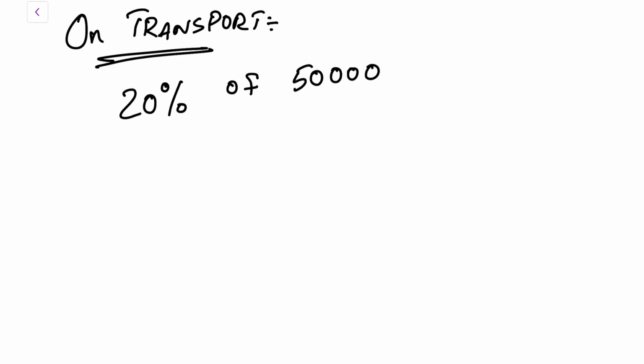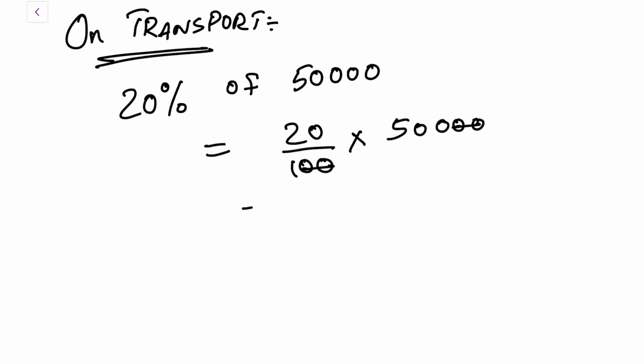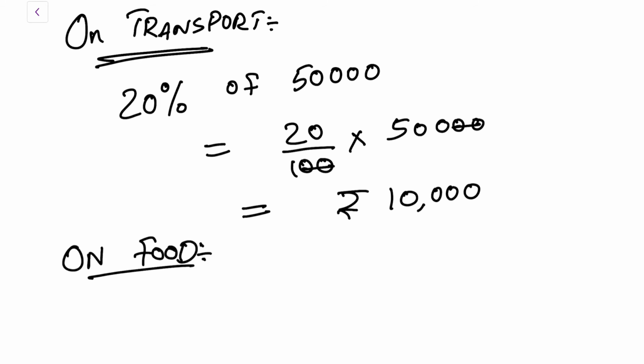So how do you calculate that? 20 by 100 into 50,000. 2 zeros, 500 into 20 will be 10,000 rupees. This is the amount of money he spends on transport. All right. He also spends on food. Correct? How much does he spend on food? What is given? 15%.